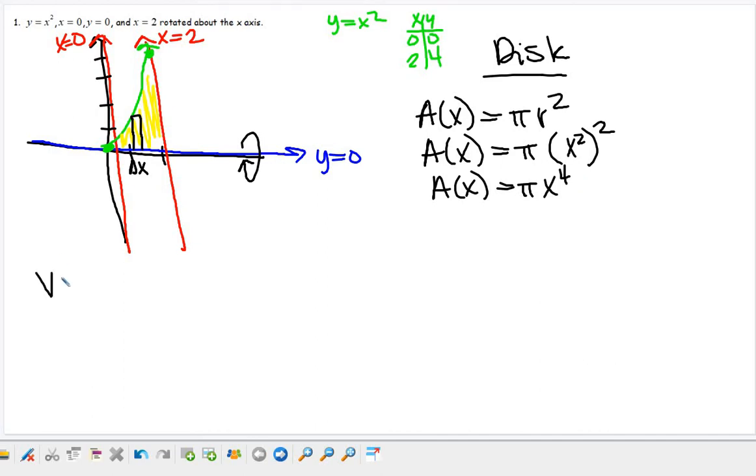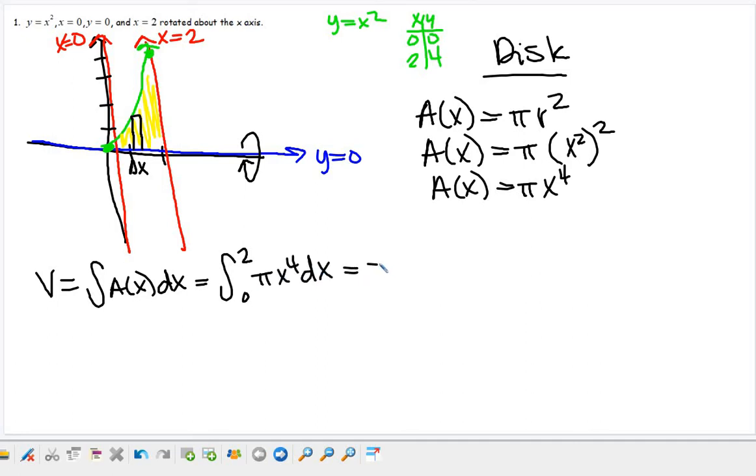So remember that we find volume by taking the integral of area. So I have the integral. My bounds have to be in the same variable as my function. So my function is x, my bounds have to be in x, which means I go from 0 to 2 of pi x to the 4th dx.